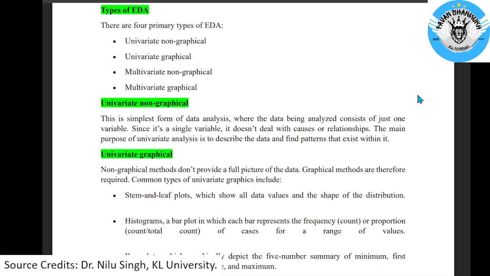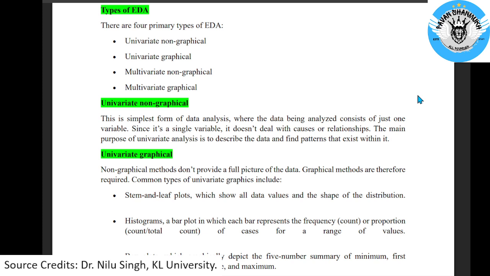Univariate non-graphical. This is the simplest form of data analysis, where the data being analyzed consists of just one variable. Since it is a single variable, it doesn't deal with causes and relationships. Obviously, we have a single variable and it is easy to make justification about the relationships between the data points. So it is not a big task for us.